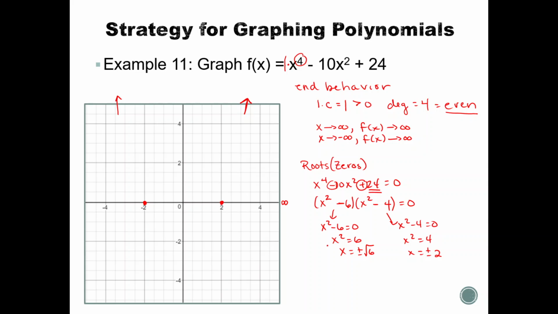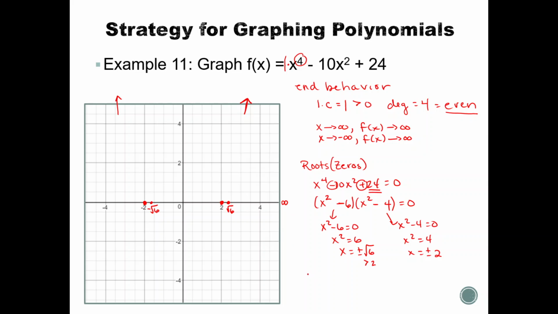Here's positive 2. The square root of 6 is going to be a little bit larger than 2, right? Because the square root of 4 is 2, and the square root of 9 is 3. So it's actually going to be here and maybe here. And as long as I label them, I'm okay to sort of approximate.